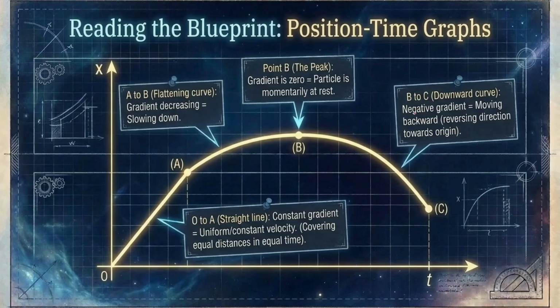Now, B to C is a downward curve with a negative gradient, meaning moving backward. In our example of the cyclist, it makes a backward U-turn. This is all the cases of the position versus time graph.